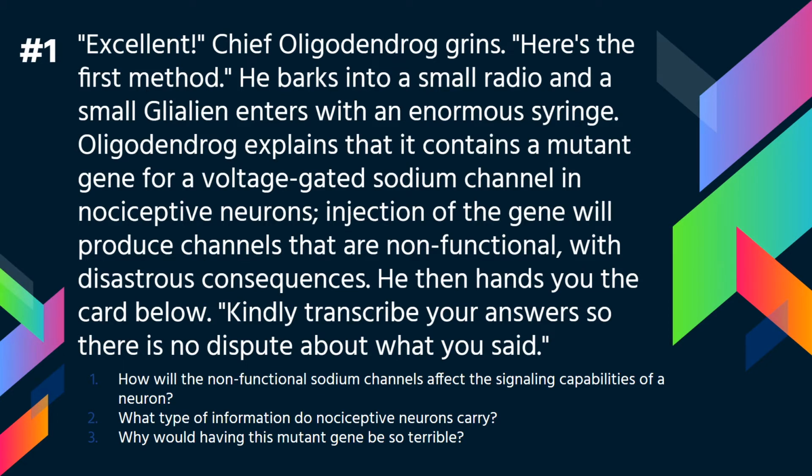Kindly transcribe your answers so there is no dispute about what you said. Here are the 3 questions that I want you to answer. Number 1, how will the non-functional sodium channels affect the signaling capabilities of a neuron? Number 2, what type of information do nociceptive neurons carry? And number 3, why would having this mutant gene be so terrible?